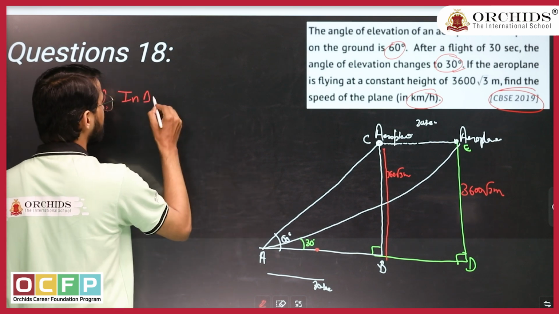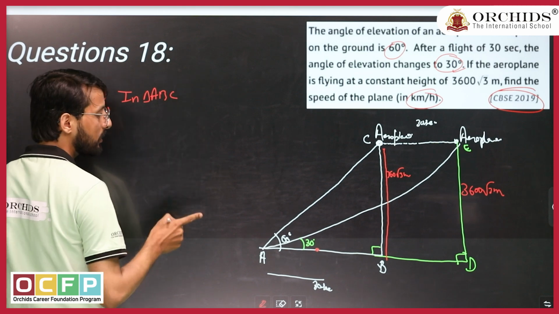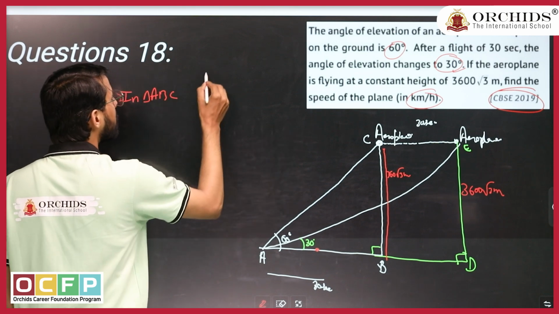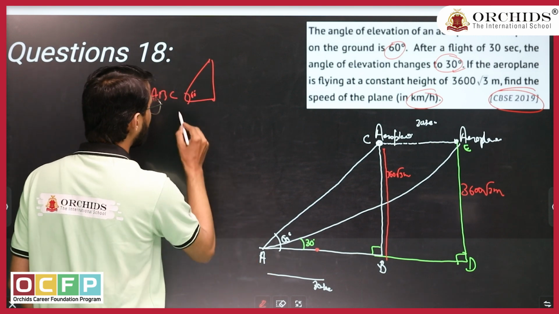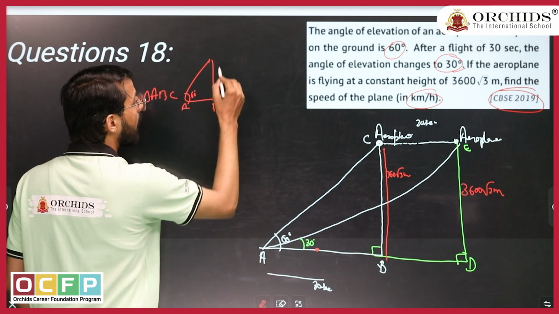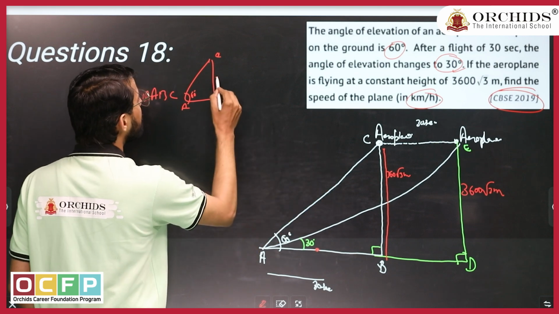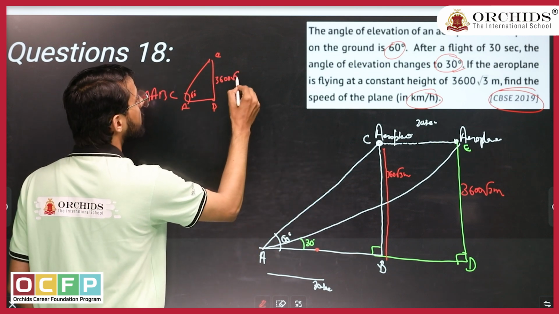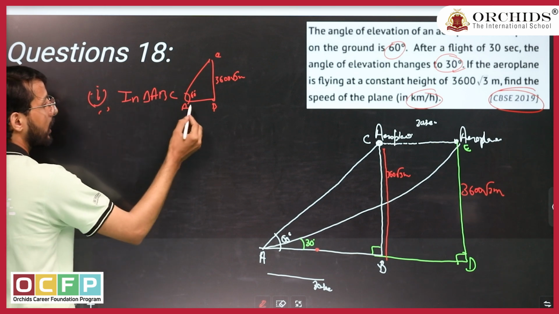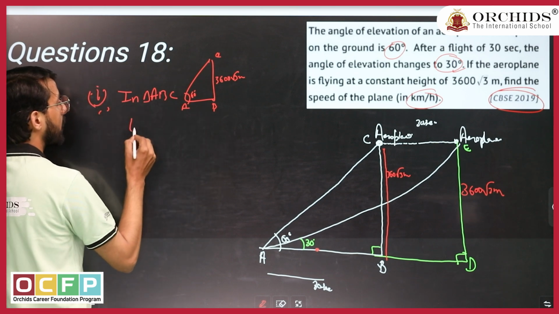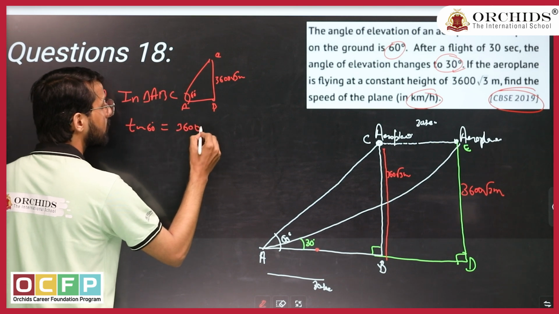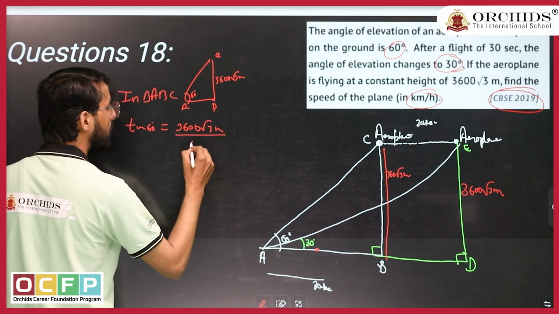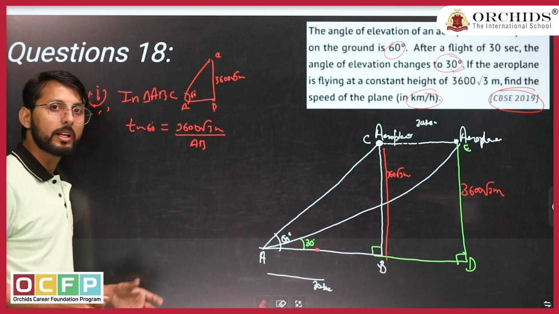Triangle ABC. In triangle ABC you can observe this is 60 degrees, and this part we don't know, A to B, and BC value we know as 3600 root 3 meter. If you want to find the AB length, I can write tan 60 is equal to 3600 root 3 meter by AB, because perpendicular by base.